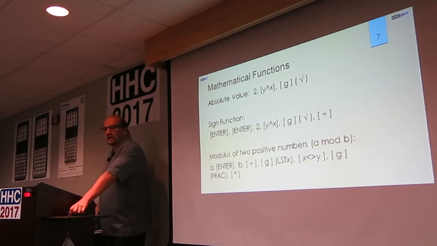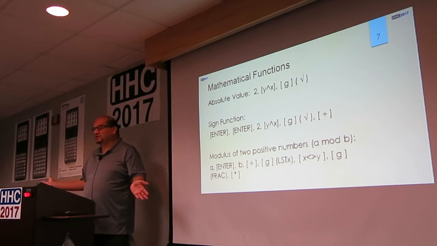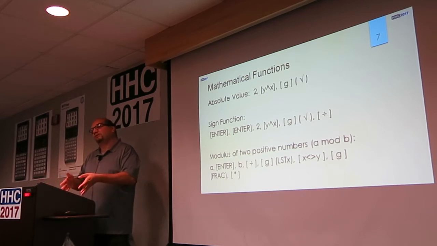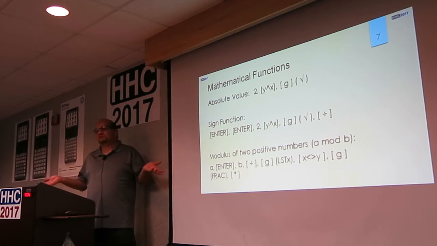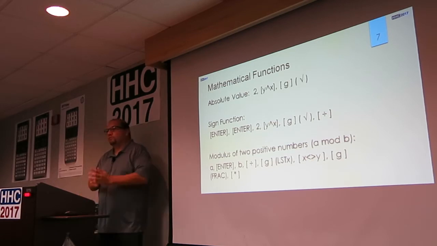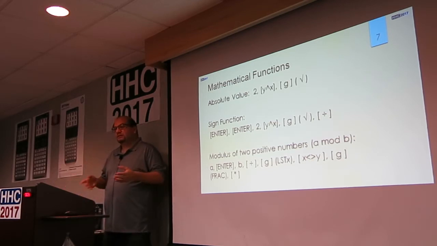There's also the absolute value, which is basically we're just squaring the number and then taking the square root. So there's no square function, but you can do 2, power, and then square root, and that comes into play when you do a sign function.